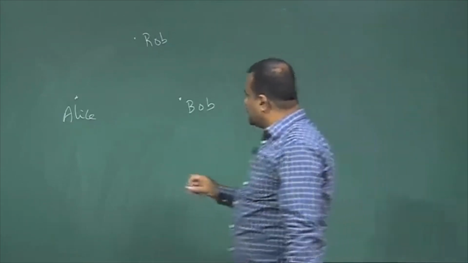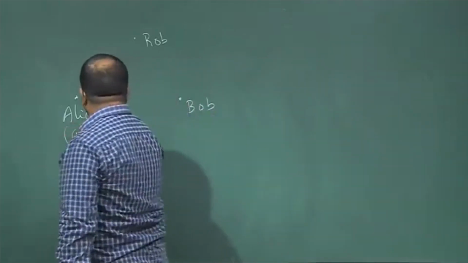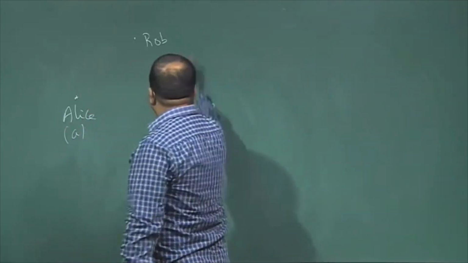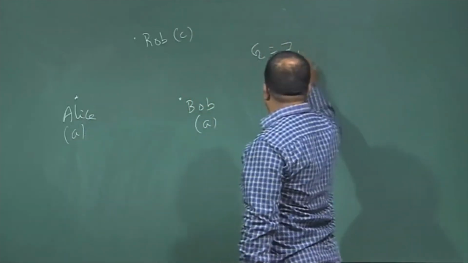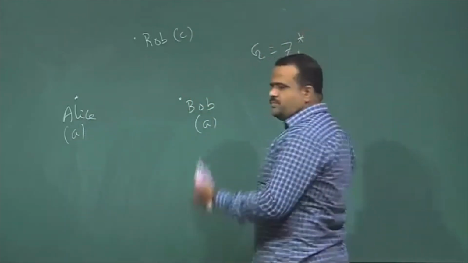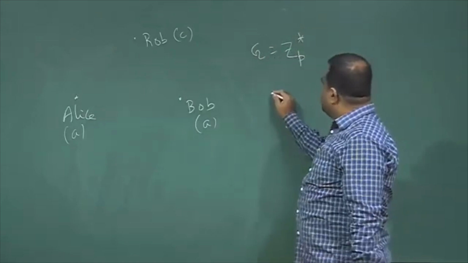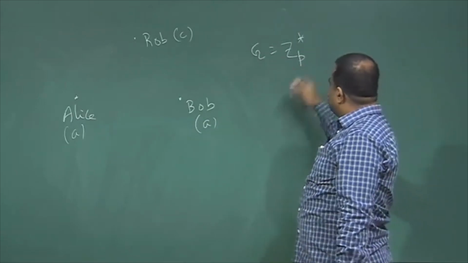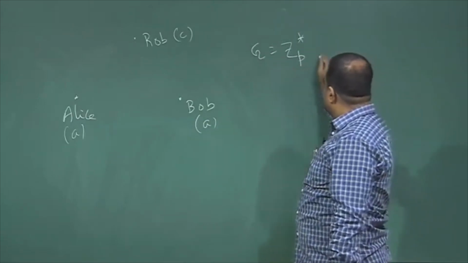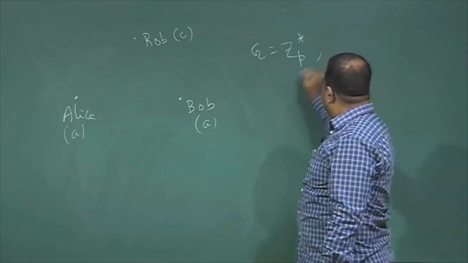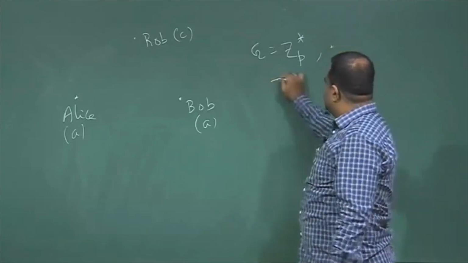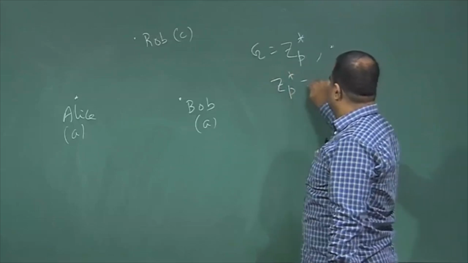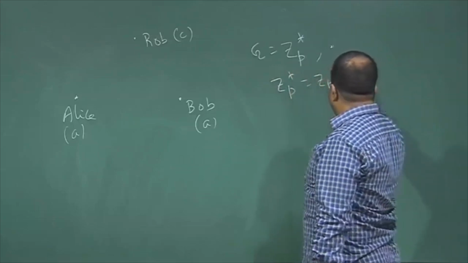So if they choose a, b, c, let G be a group, say Zp star. It could be a general group also, but for simplicity we are taking Zp star, which is a group under multiplication where p is a prime. Zp star is basically Zp minus 0.